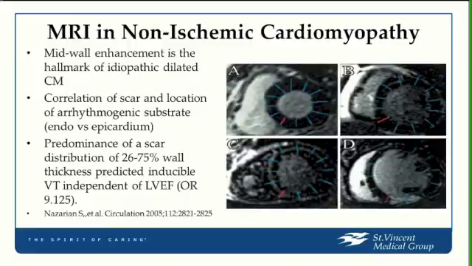And the predominance of scar distribution of about 26 to 75% of the wall thickness predicts inducibility with an odds ratio of 9 in one particular study by Dr. Nazarian from Johns Hopkins, who's done a lot of this work. Also, when we go to ablate VT, it's really nice to know if the substrate is endocardial or epicardial. And maybe Dr. Callens will talk a little bit about that later on in his presentation.